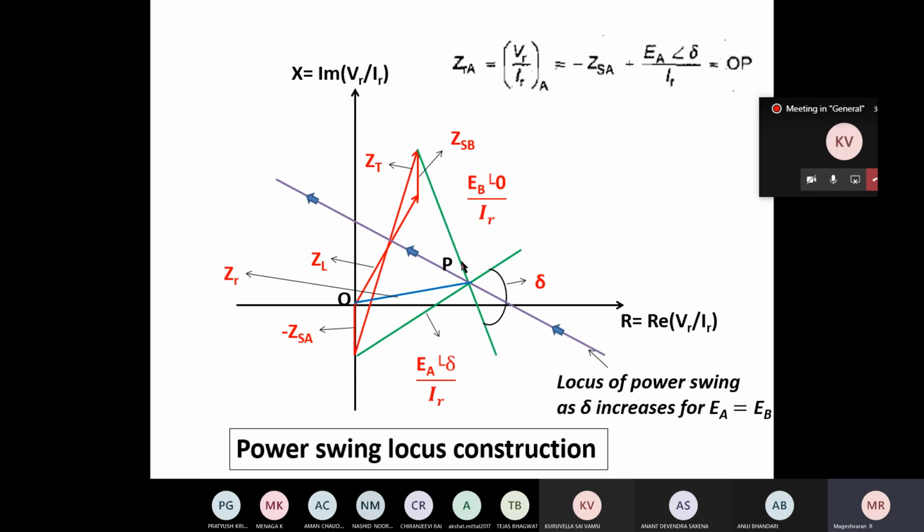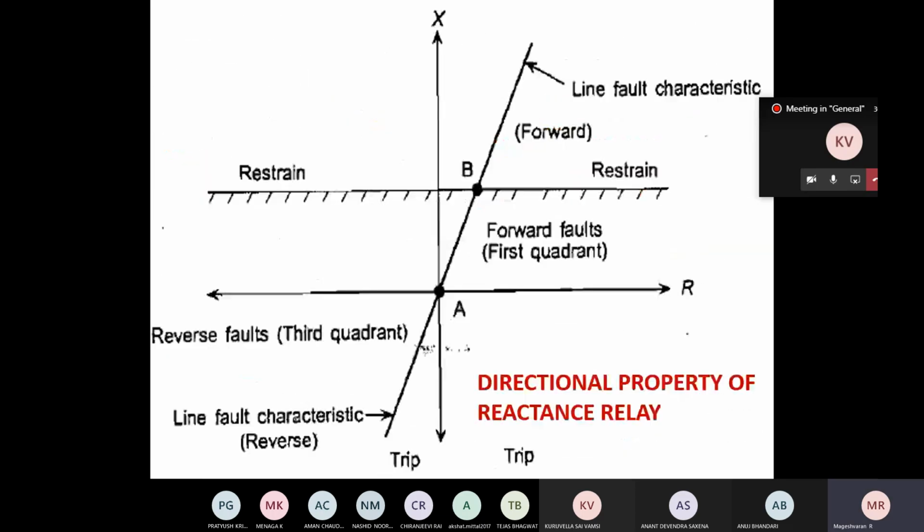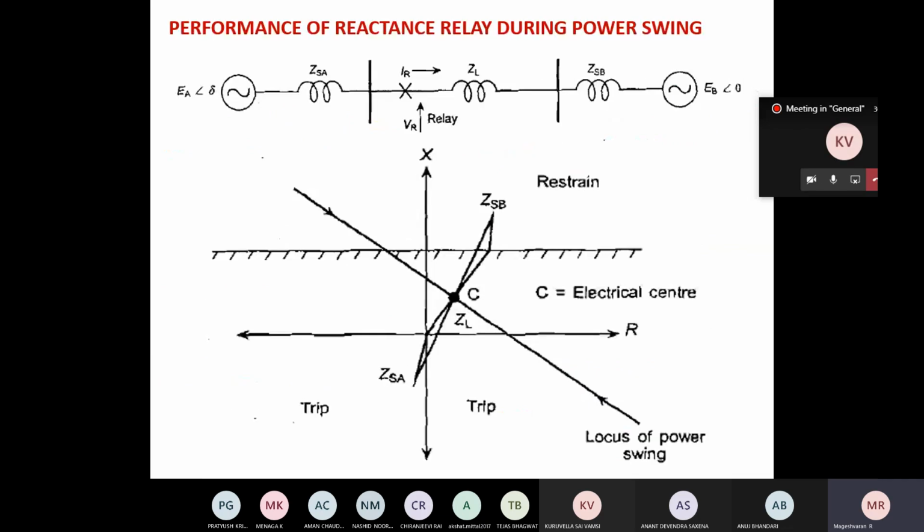Now here, if you incorporate your reactance relay characteristics, just a straight line like this, put a straight line parallel to the x-axis, that is your reactance characteristics. Now also you can see that the increment in del is going to make the reactance come inside the operating region of the reactance relay. Thereby, this relay is also prone to operate during the power swing.